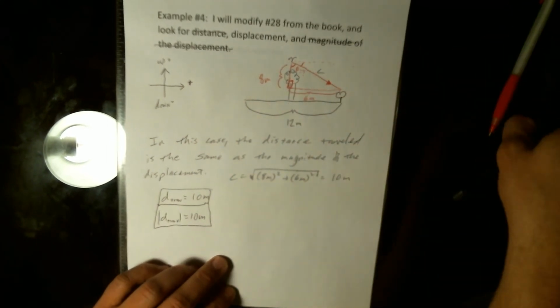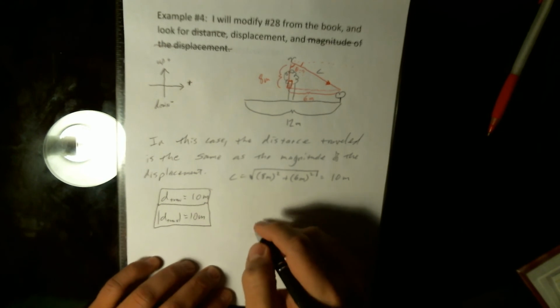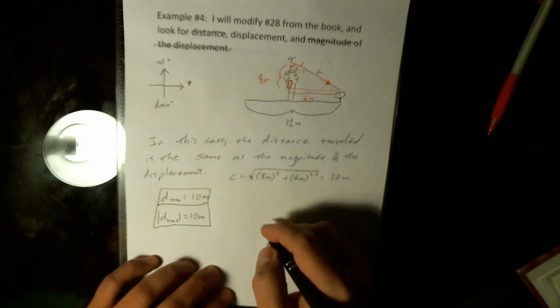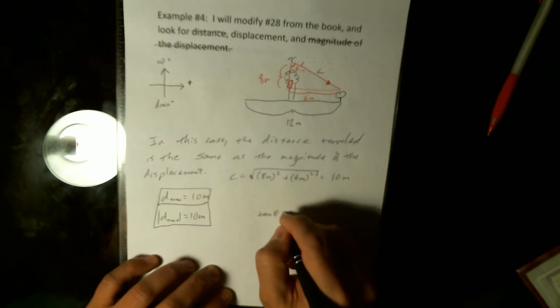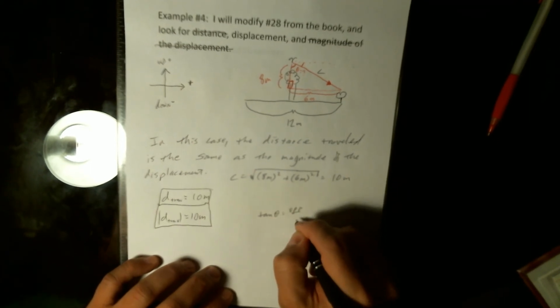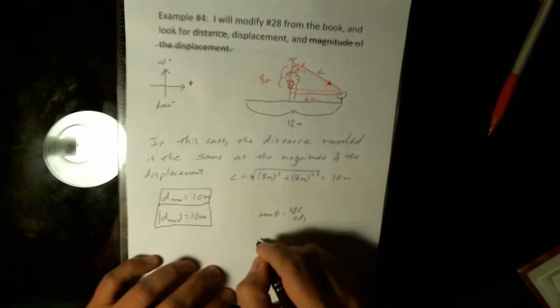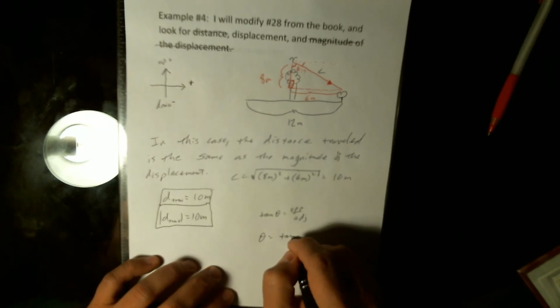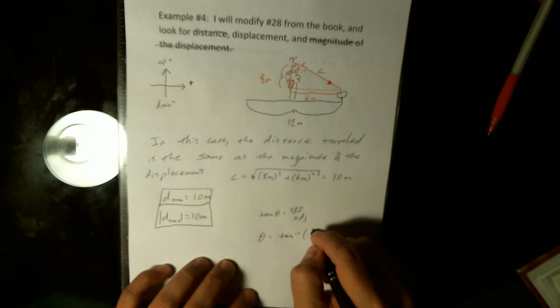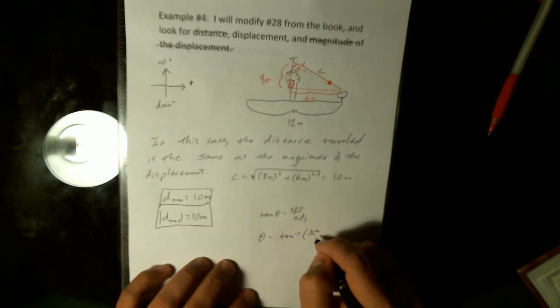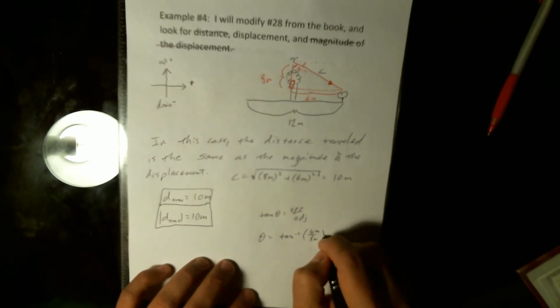So tangent of theta is equal to opposite over adjacent. So theta must be equal to tan inverse of opposite, which is 6 meters over 8 meters. And when you plug that in, I got 36.9 degrees.